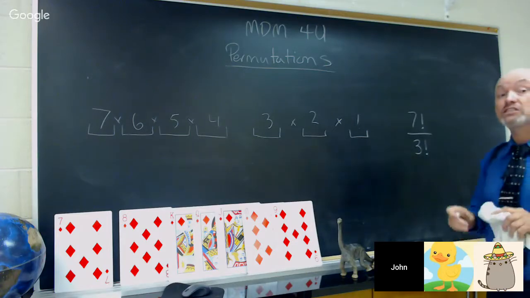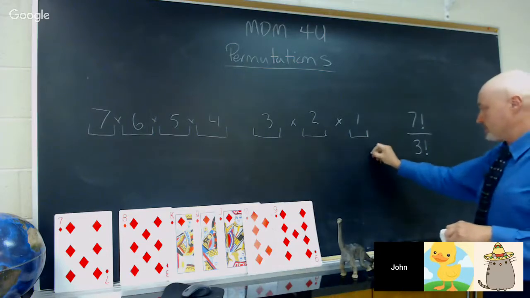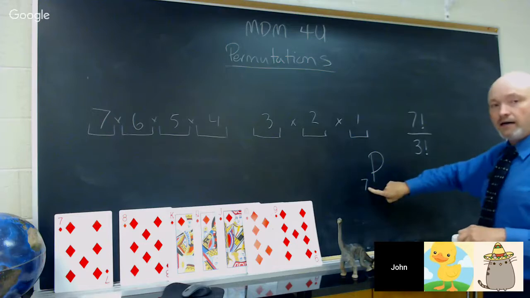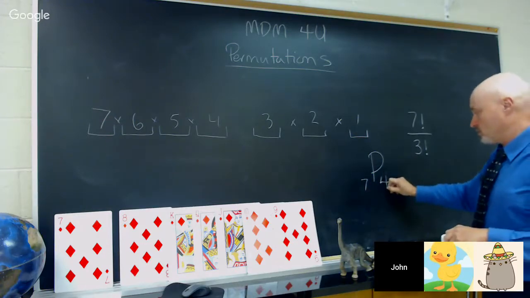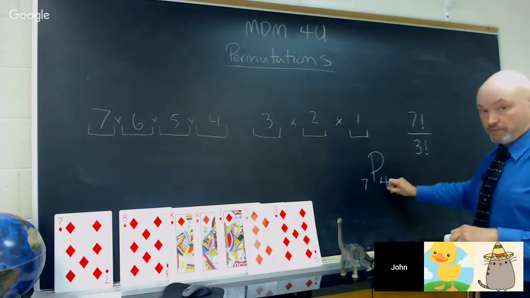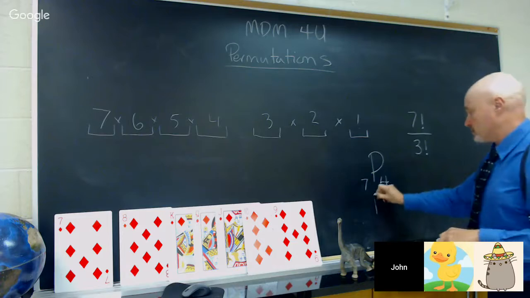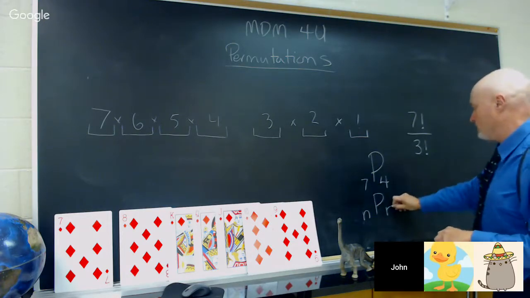This notation can similarly be compressed, and you'll often see it written this way. P stands for permutation. I have 7 objects altogether, and I am going to choose 4 of them. In general, we say this is n objects, choose r of them.